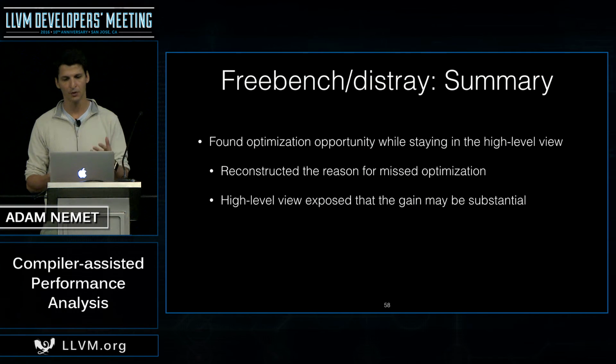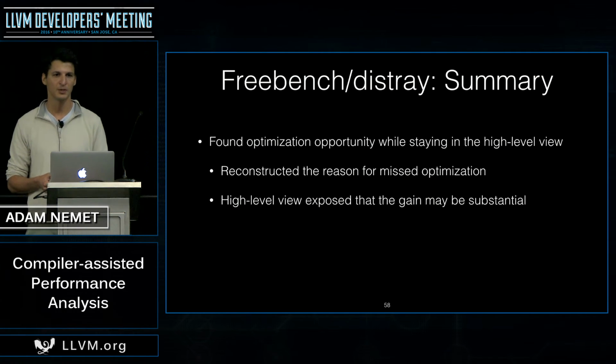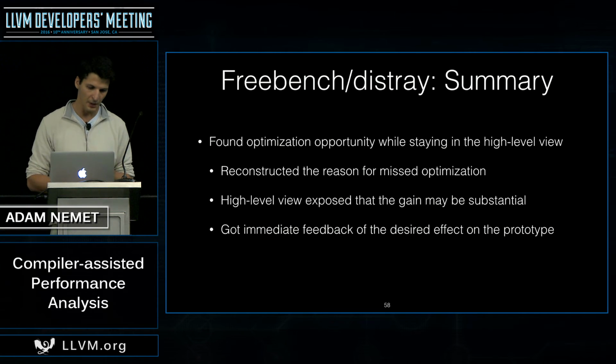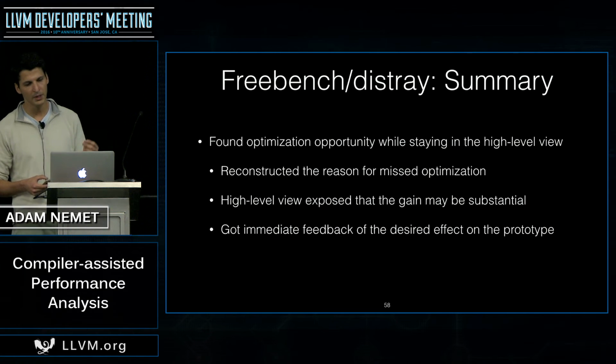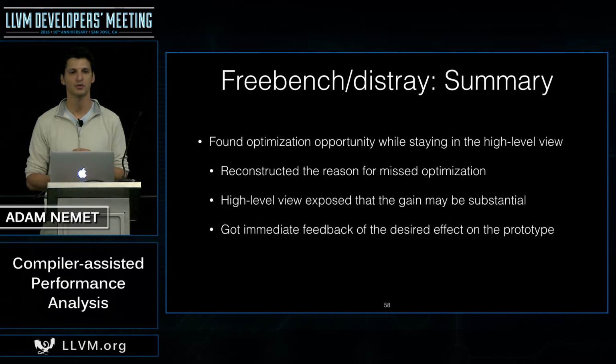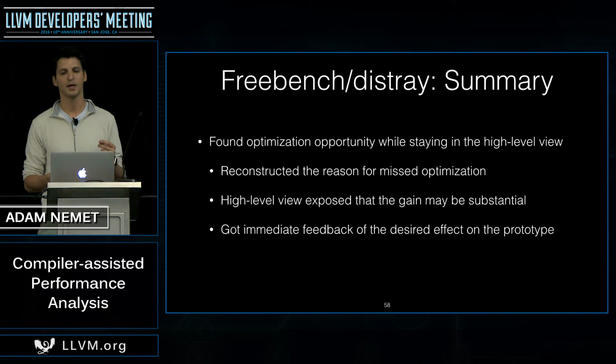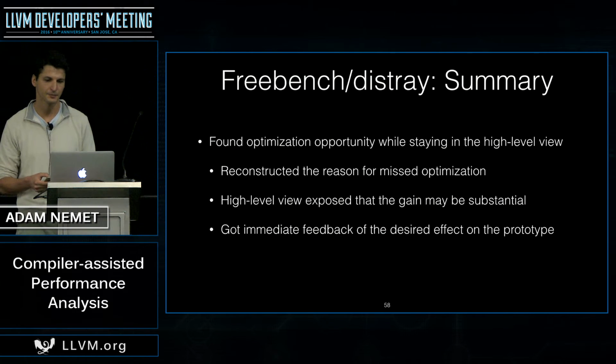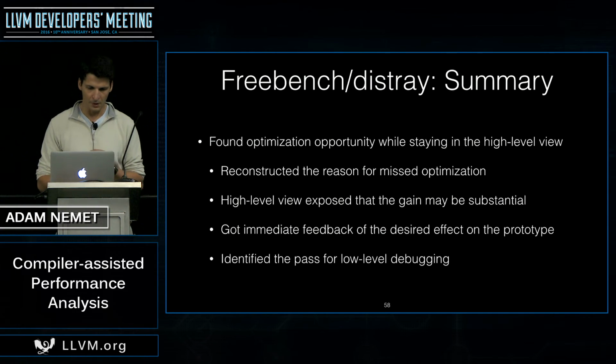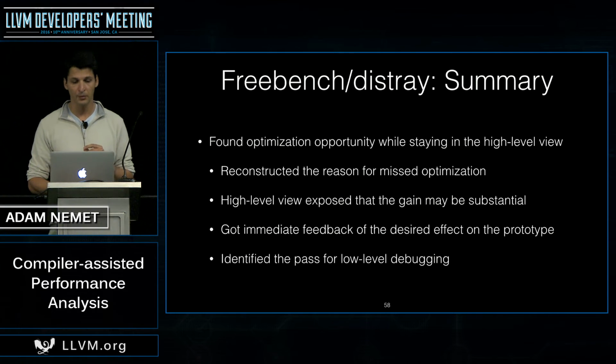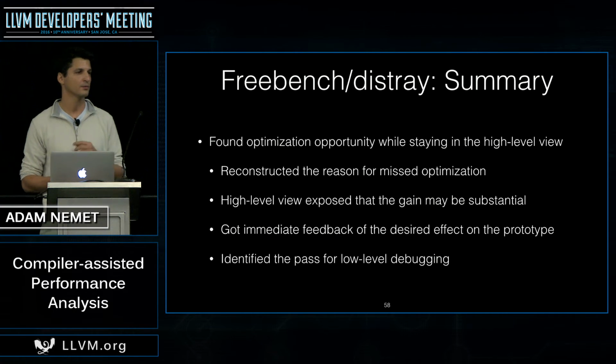So it exposed that the gain may be substantial. And also, when we actually made the change on the source code, we were able to get immediate feedback that we did achieve the desired effect. And then, of course, we were able to identify the next step, which is which pass to improve.